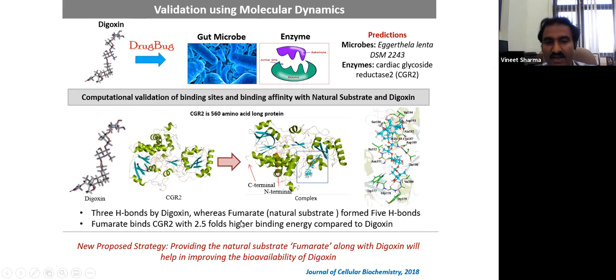Digoxin, which is the promiscuous substrate of that enzyme, is binding with only 3 bonds, which shows that this is not so strong a bond. But still it can do this metabolism. So in this case we propose that if you provide fumarate along with digoxin, which is a natural competitor to digoxin, it can again lead to the same kind of efficacy for that drug.